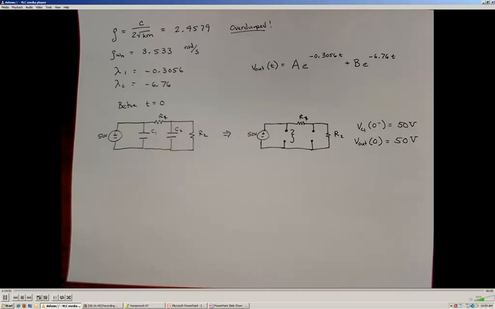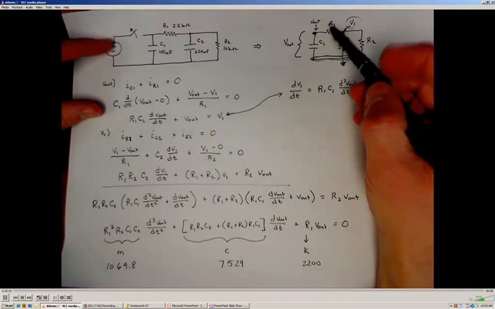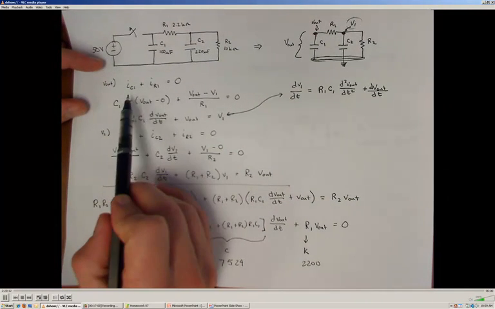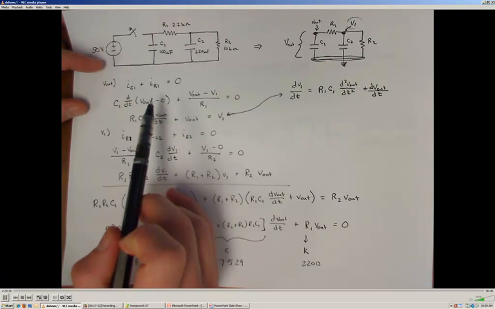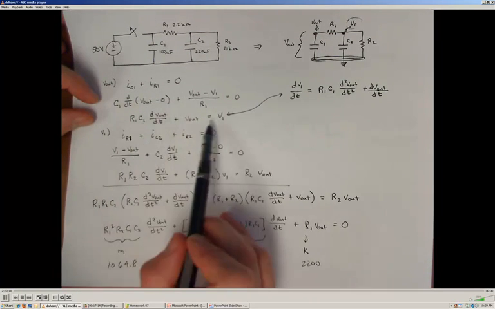Okay, now we need to determine the derivative initial condition, or the rate of change of the potential across the capacitor. Alright, so what we're going to do is return to our node balance for this Vout node right here. And we saw that the node balance, according to Kirchhoff's current law, was given in this form right here.